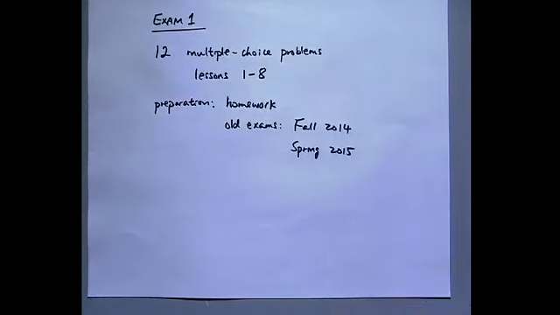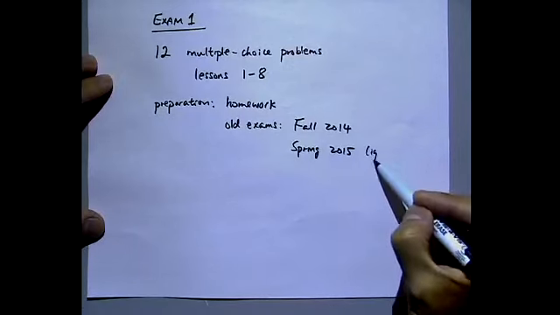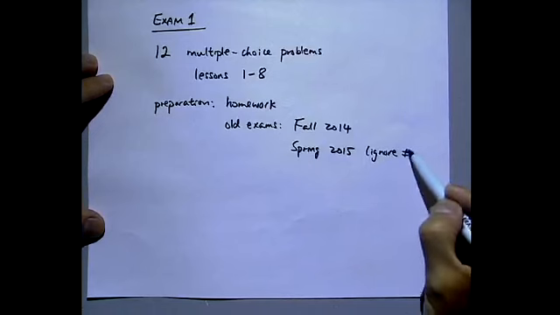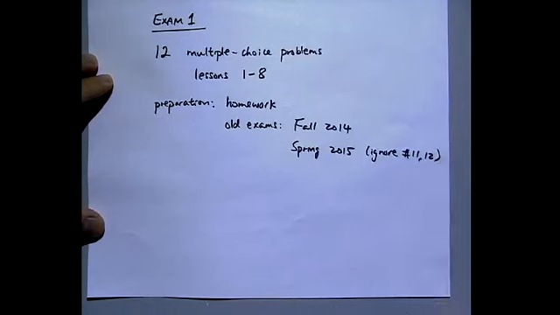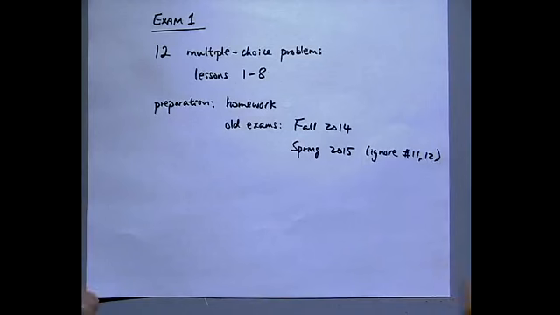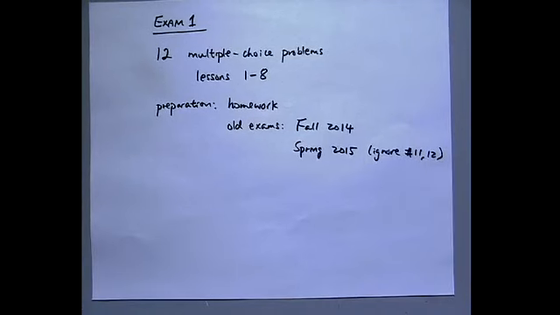And you can get these by going to the course webpage, math.purdue.edu/MA162, and click on the old exam archive. The thing about spring 2015, you want to ignore number 11 and number 12. Okay? Last spring, the exam was a bit later, so we had more stuff on the exam. 2014, you look at every single problem.